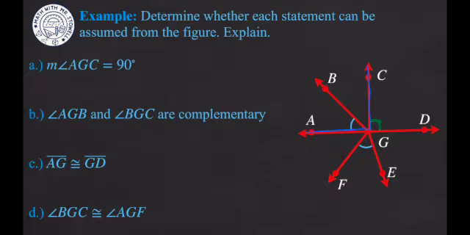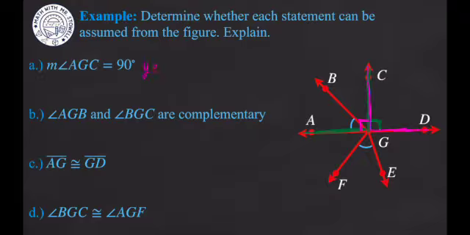If that angle is perpendicular, and also these two angles, BGC and CGA, since those are linear pairs, we can assume linear pairs, right? This angle right here is a linear pair or supplementary to this angle right here. Since they're a linear pair, then we can assume that this would also be 90 because we're told that the other one's 90.